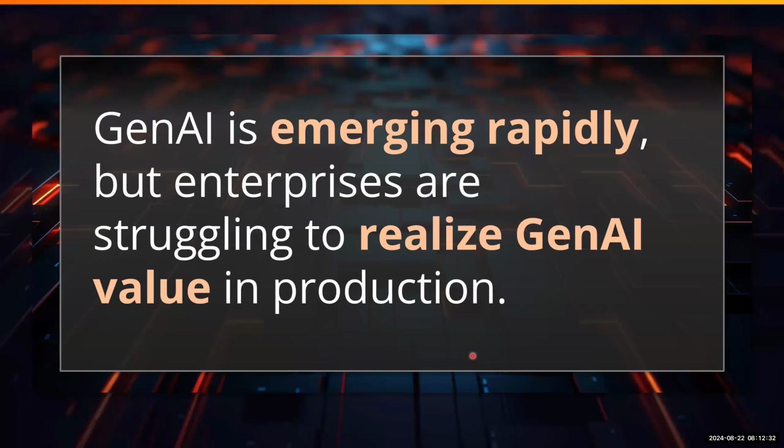How do I make the different AI components work together so it is efficient and performant? Should I use an open source solution or a closed source solution? How do I ensure my data is secure, so that the data does not feed back to the model, making the model intelligent so that I lose the intelligence in my enterprise data? How do I ensure my Gen AI solution is scalable? And how do I measure it? All these questions come to mind when an enterprise wants to build a Gen AI solution.